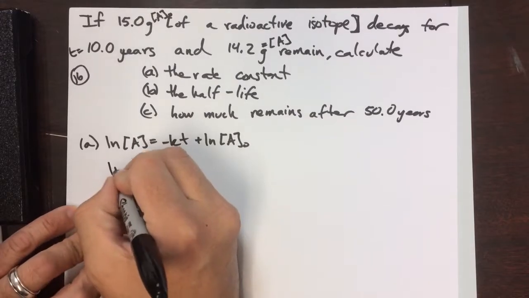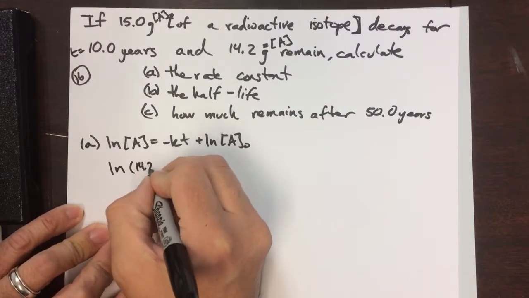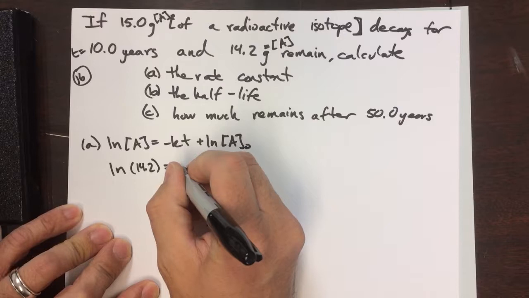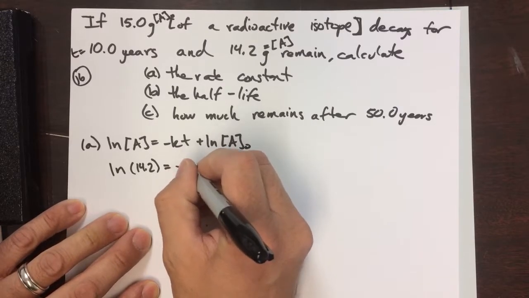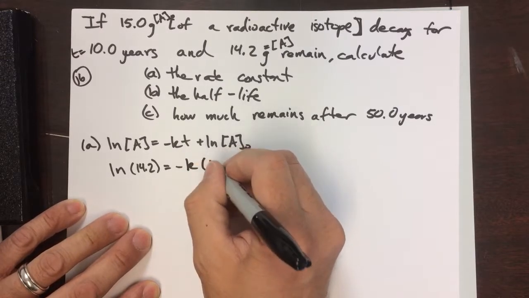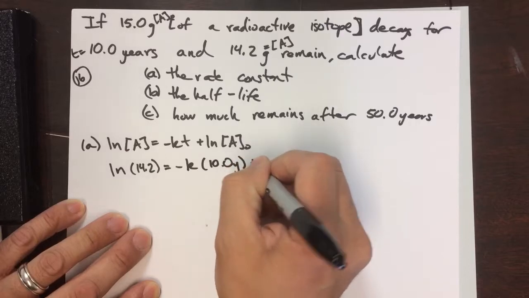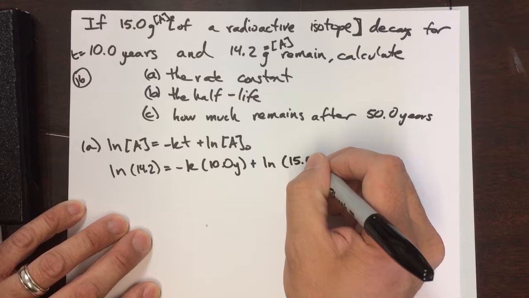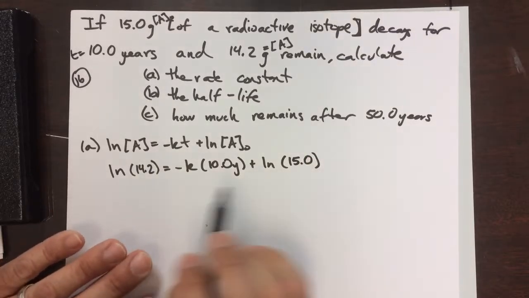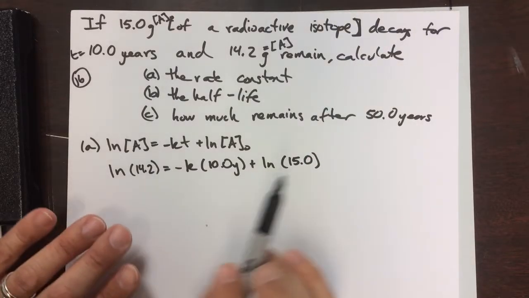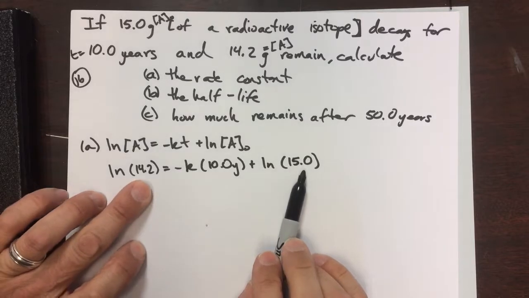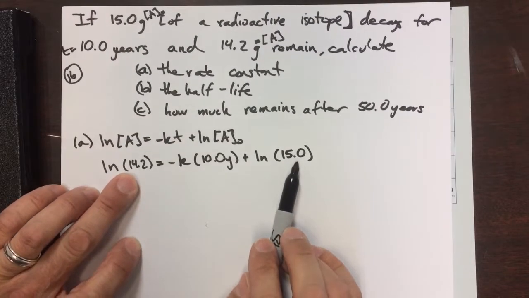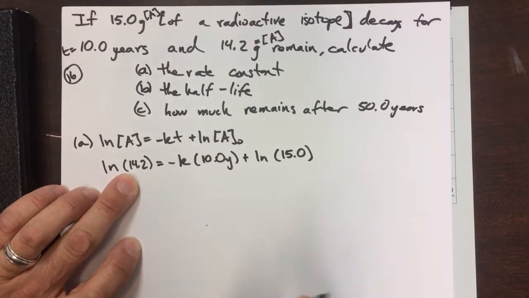So we're going to plug in ln 14.2 equals negative of the rate constant times the time plus ln of the original amount. Now, because the units always cancel out with natural logs, it doesn't matter that these are grams instead of molar as we were using in solution chemistry, because again the units cancel out.